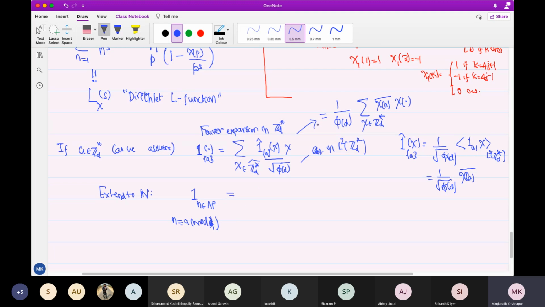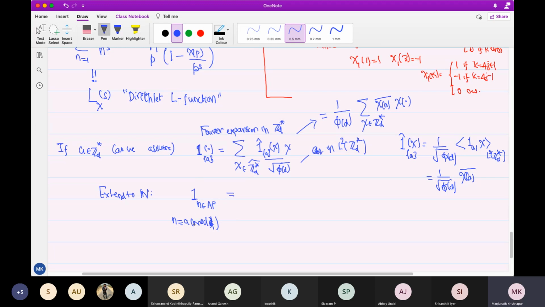Now this is in Z mod D star, but the extension completely holds. If you extend everything to integers like I did for characters, the extension is 1 on the residue class A mod D and 0 elsewhere.